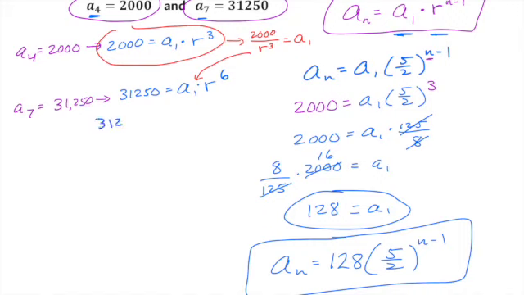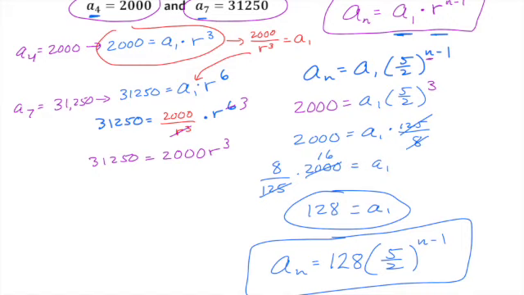So I have 31,250 equals 2000 over r cubed, times that same r to the 6. What you end up getting is that r cubed goes into r to the 6. You're left with r to the 3, and so you're right back where we were a minute ago, that 31,250 equals 2000 times r to the third.